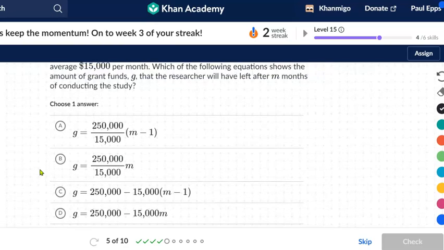These first two really don't make any sense. You've got to start with 250 and then start subtracting things from it. So let's say 250 minus $15,000 times the number of months, D.